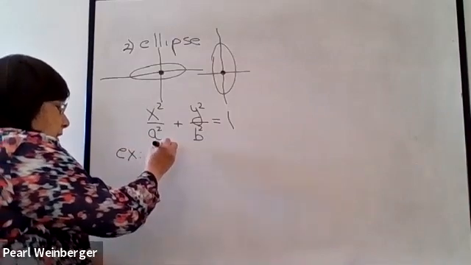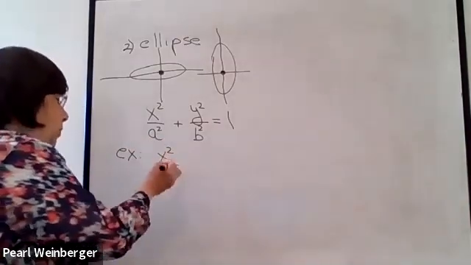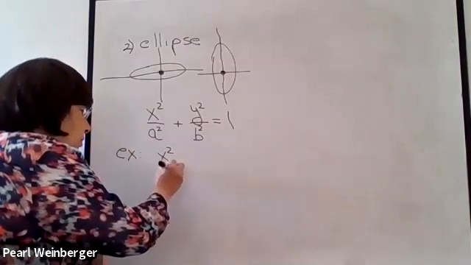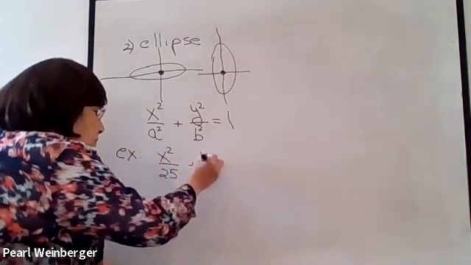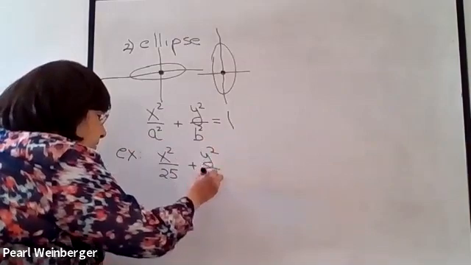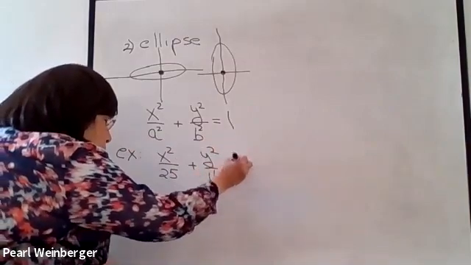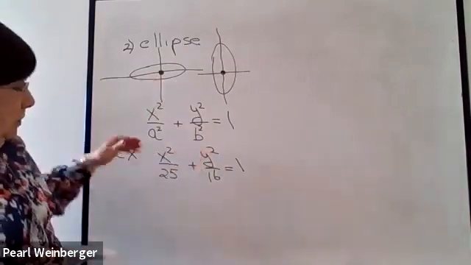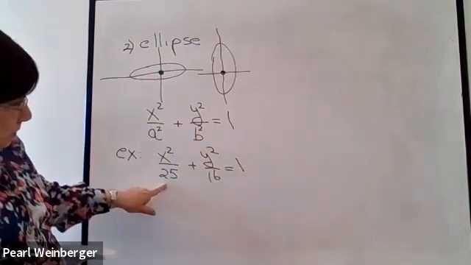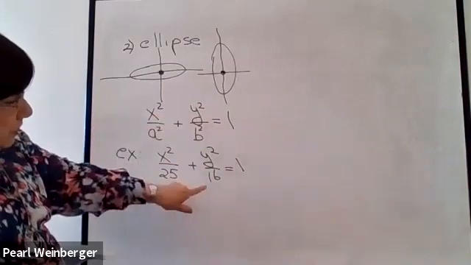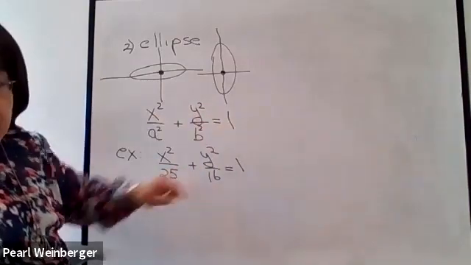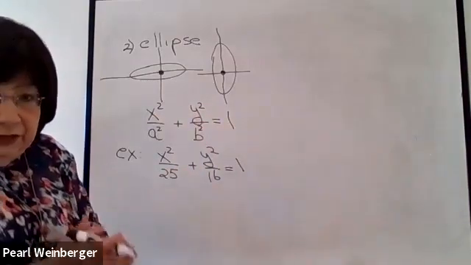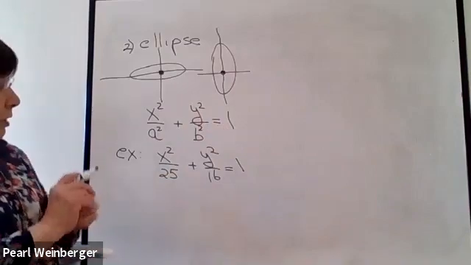Suppose I gave you that x squared over 25 plus y squared over 16 equals 1. Now notice that is in this setup. It's x squared over a number plus y squared over a number equals 1. It's in the standard format.